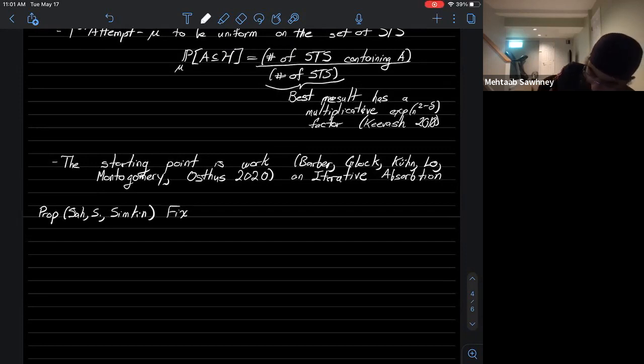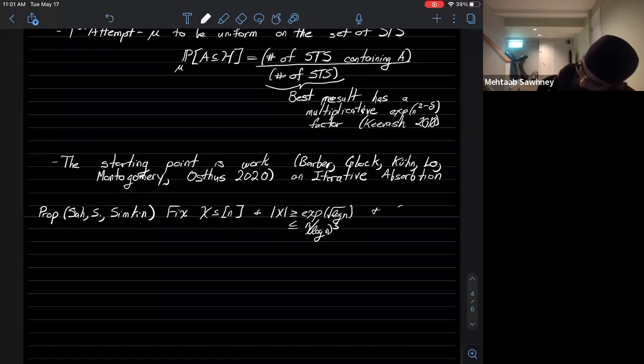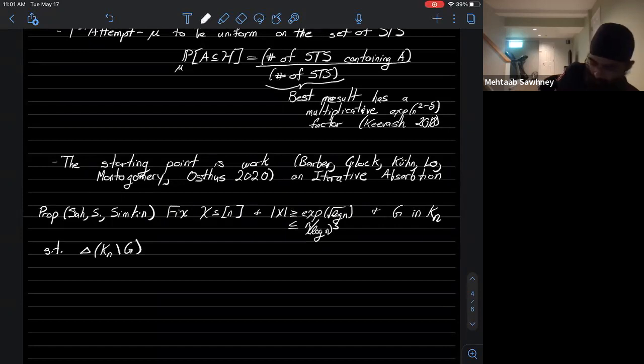So you fix some set X of your set of vertices and assume X is not too small and not too large. It's not so important what these are. And you have some subgraph G of your whole graph, which has extremely high min degree. In particular, you're missing at most like n over log n edges at any vertex.